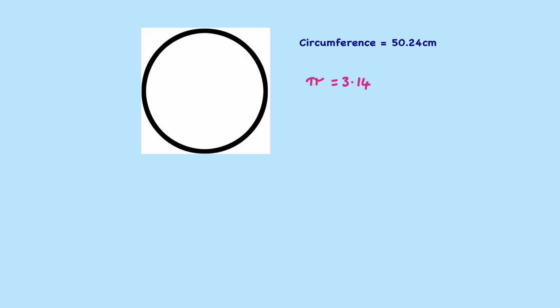Now in some questions you may be given the circumference and you have to work backwards to find the diameter. So in this example we're going to use pi to 3.14. We've been given the circumference, so we will work backwards to find what the diameter is. So first of all, we need our formula, C equals pi times d, and we'll substitute in the circumference, which is given to us, 50.24, into the formula, and they want us to use pi to 3.14, and this is the unknown, this is the diameter which we're trying to find.